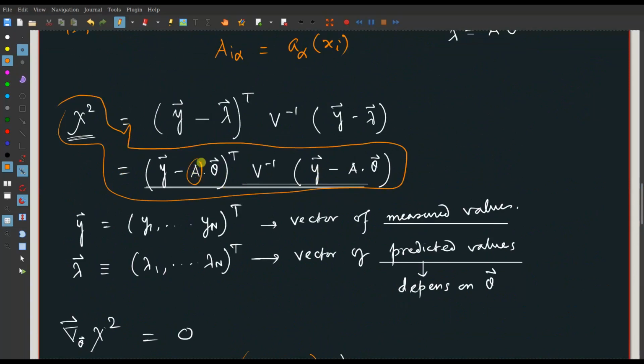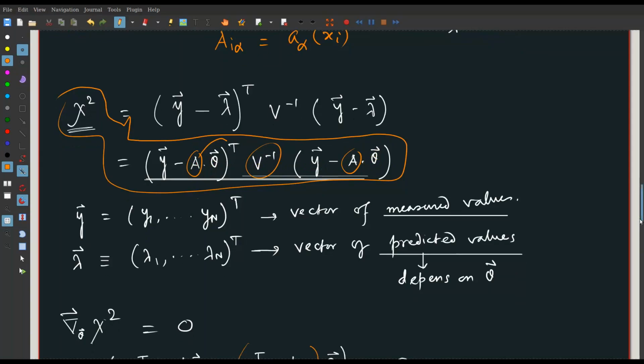A transpose will come from here, V inverse comes from here, and A comes from here. When you multiply the term that is quadratic in theta, so this is A theta transpose, then V inverse, then A theta, from that term I get a term bilinear in theta. So the term that is bilinear in theta contains the U inverse.